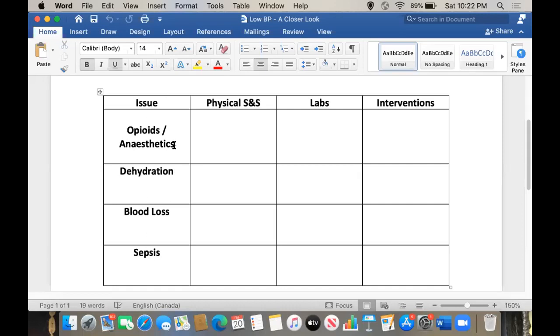And it's these four here: opioids, anesthetics, which I'm going to summarize for purposes of this video as meds. So meds could be an issue causing low BP, especially these meds. Of course, we could include BP meds as well, but that's fairly intuitive, and I don't think we need to bring that up right now.